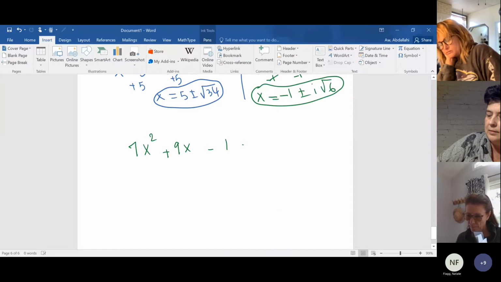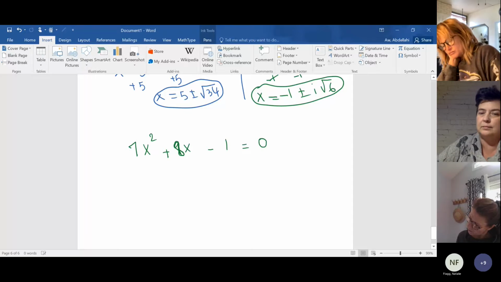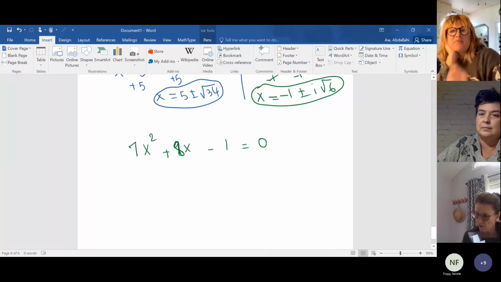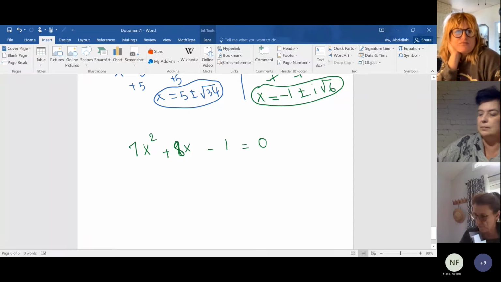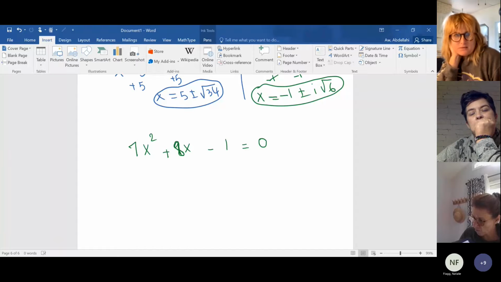This method is not very friendly. What makes this example very different from the other examples we did? You've got something in front of the x squared, that 7.